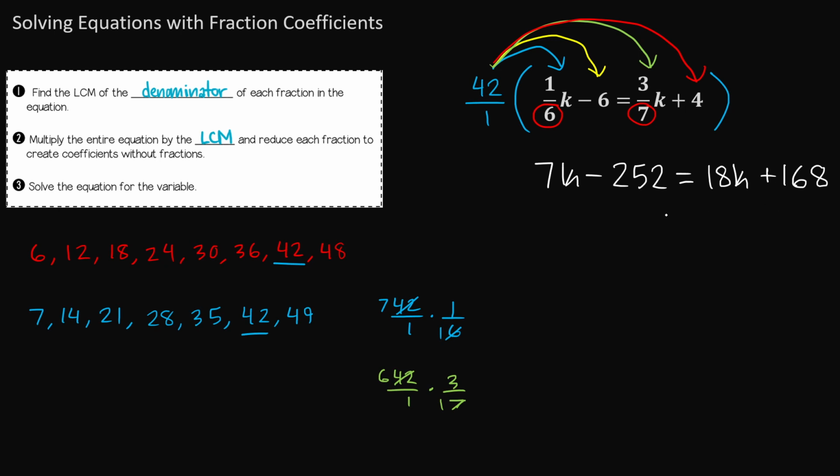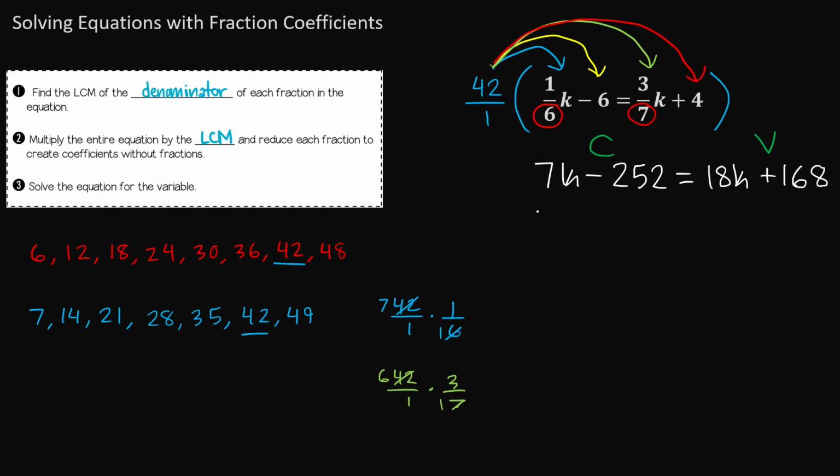So we're working with some bigger integers here, but that's probably much easier, more simple than working with fractions. So let's go ahead and solve this like normal. This time I want variables to end up on the right side of the equation, and I want constants to end up on the left side. So I'm going to take this 7k and collect it with the 18k on the right side.